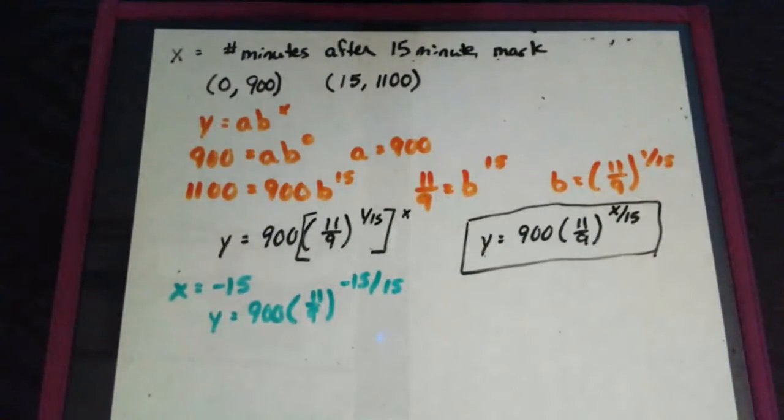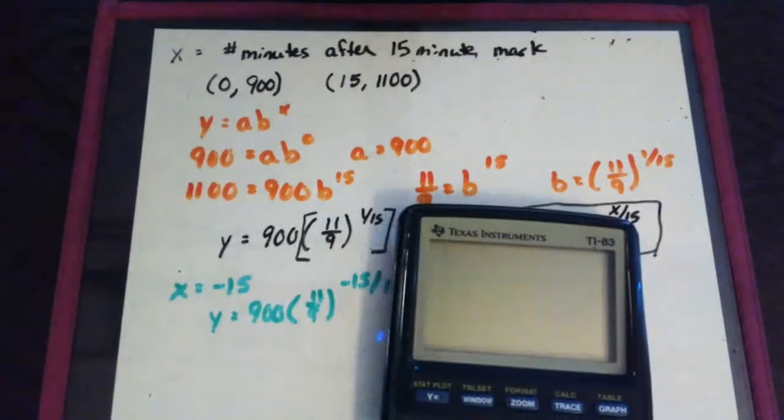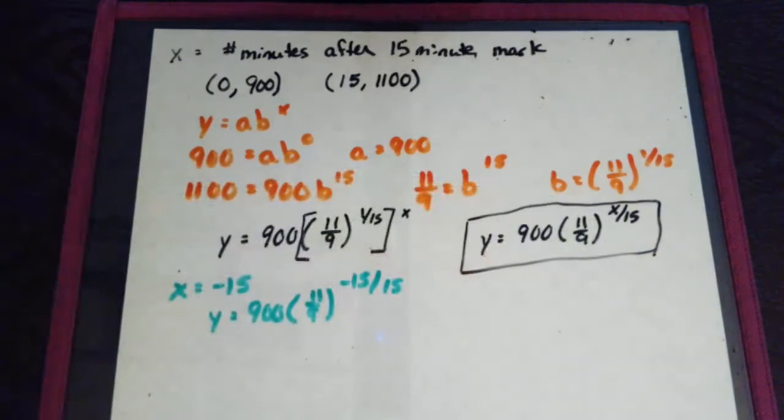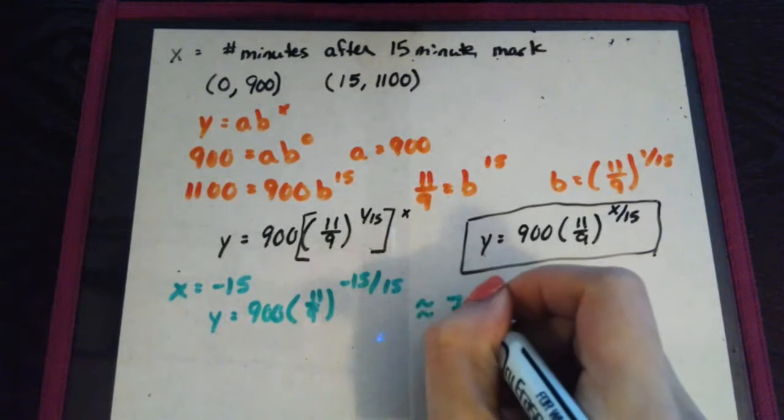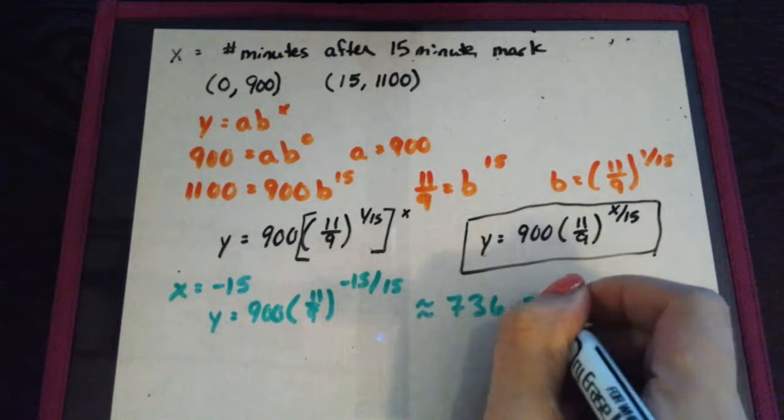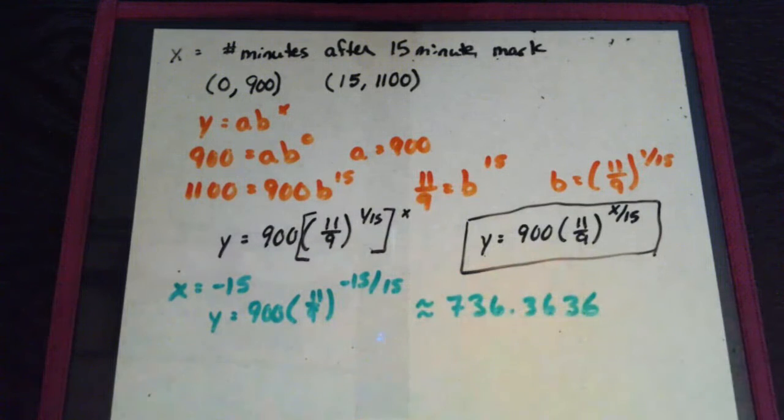I'm going to break out my calculator, and we get 900 times 11/9 raised to the power of -15 divided by 15. And I'm getting 736 and stuff. So I'll say 736.3636 because 4 decimal places is usually pretty safe.